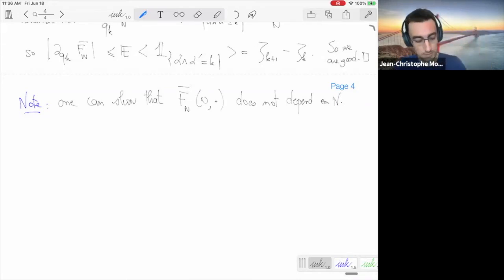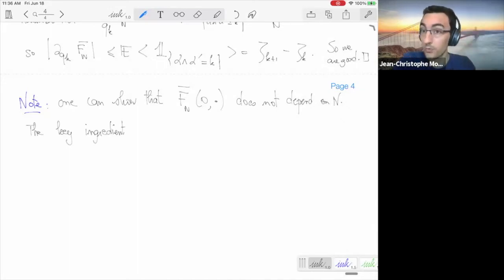But the key ingredient to justify this, and in fact also to give a more explicit procedure to actually compute this object, is this observation we have seen about Poisson-Dirichlet cascades.